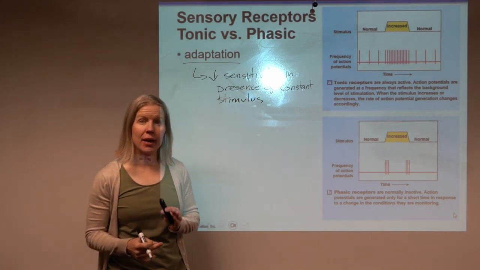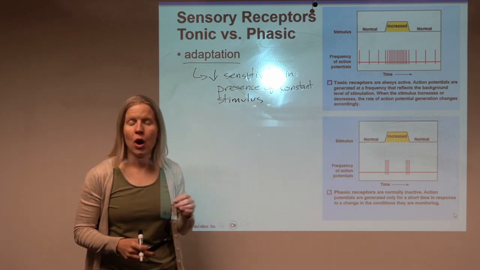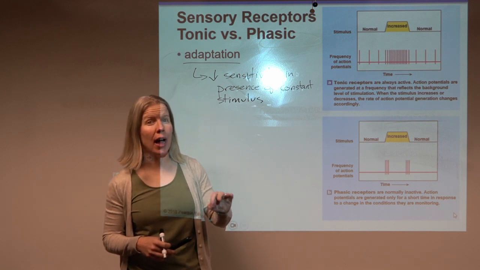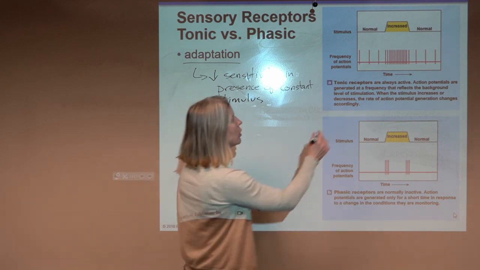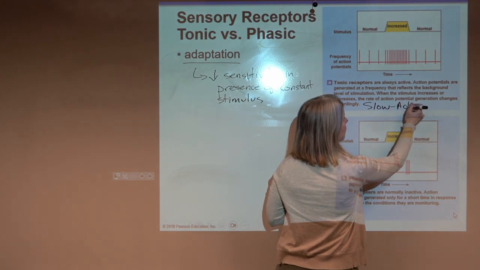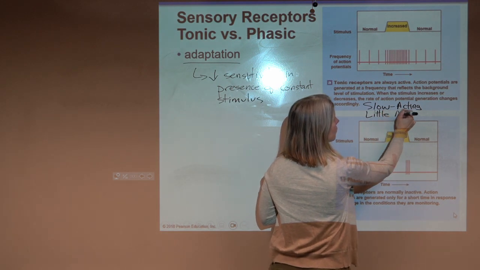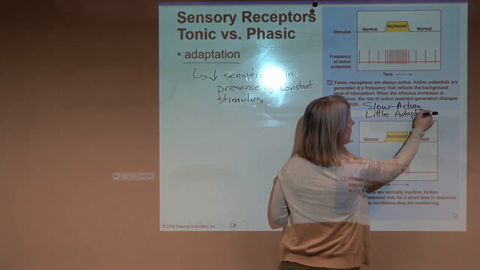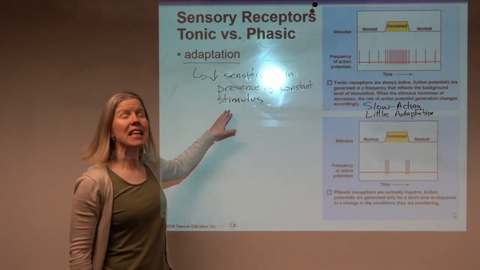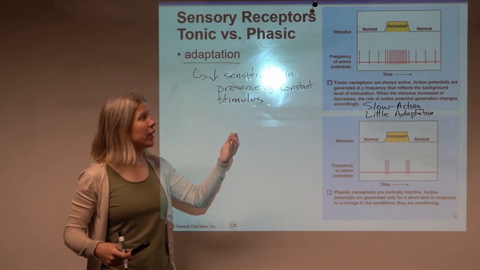So think about the adaptation here. When we talk about tonic receptors, we say that they're slow acting or that they have little adaptation. Basically meaning these receptors, even when there is a constant stimulus, we're still going to hear about it.